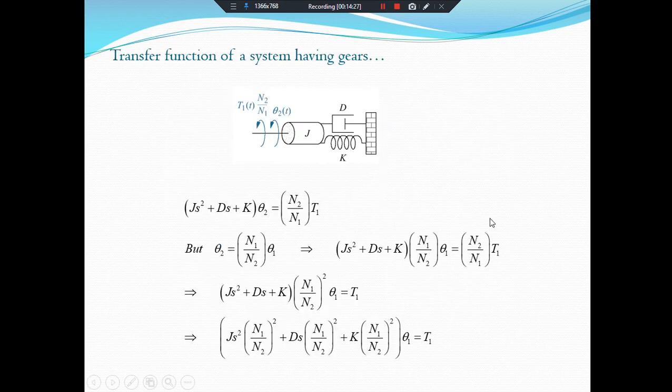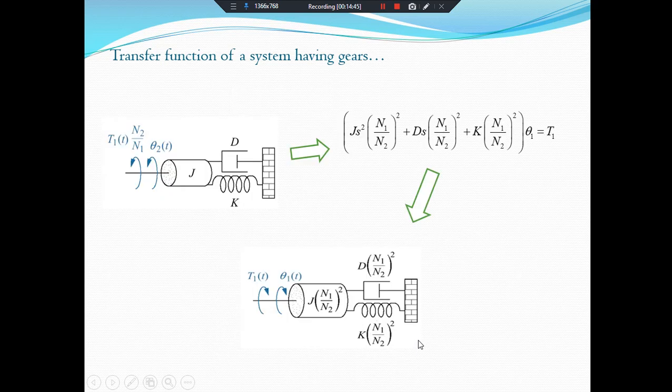So we will replace theta 2 by this, and now we will multiply N1 by N2 square by all the impedances, and theta 1 will be common, equal to T1, and this is our reflected load at output.